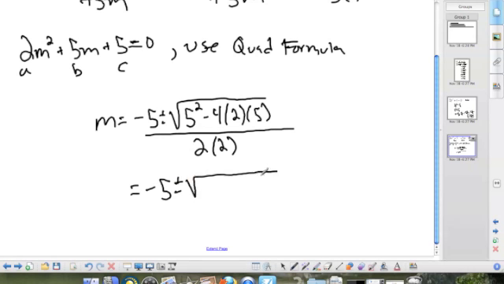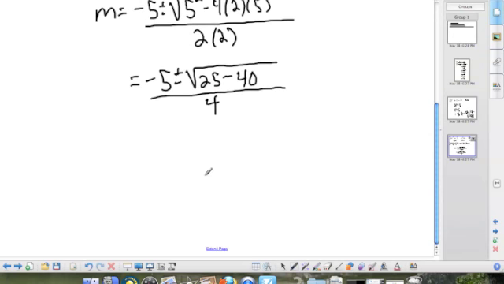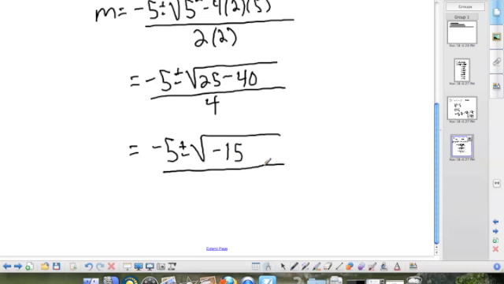Inside the radical, 5 squared is 25, minus 4 times 5 is 20, times 2 is 40, all over 4. Negative 5 plus or minus the square root of 25 minus 40, which is negative 15, all over 4.